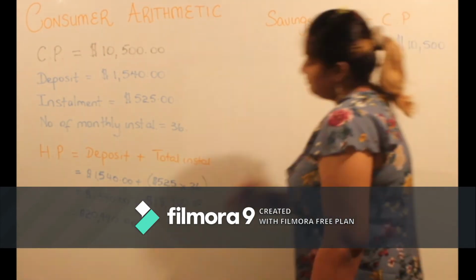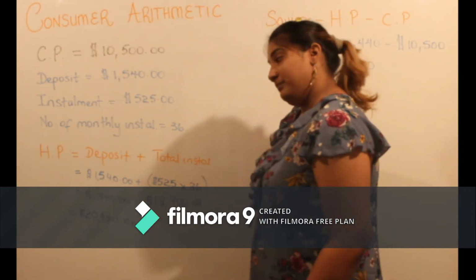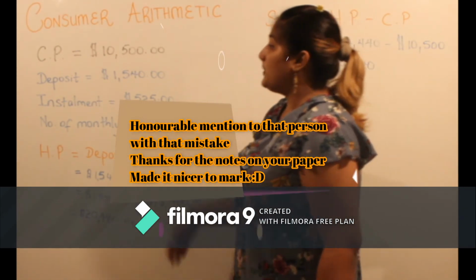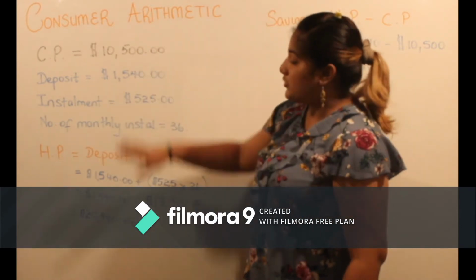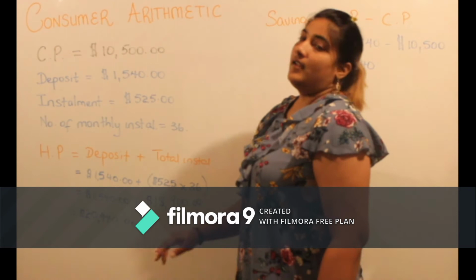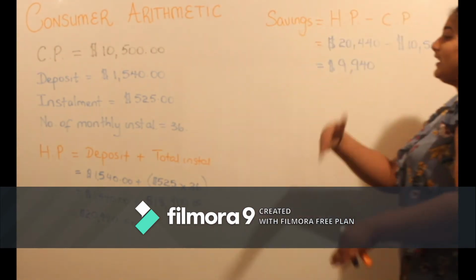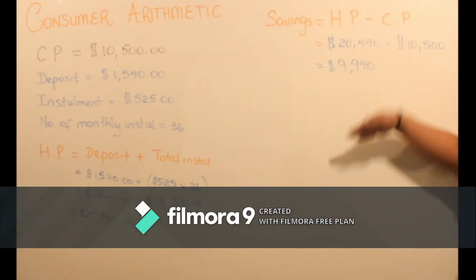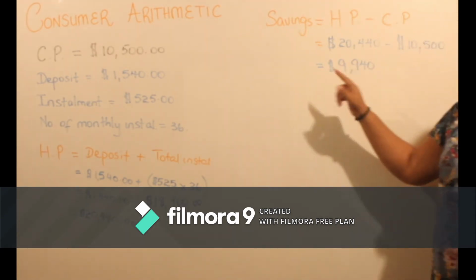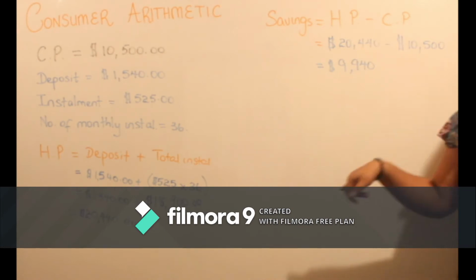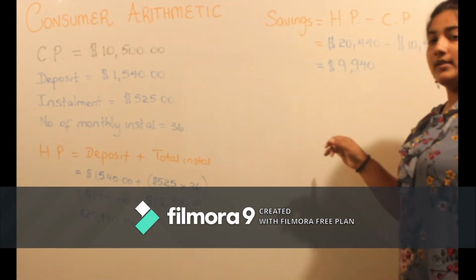For instance, a person who made a mistake with the hire purchase by adding back the cash price, because they used the incorrect hire purchase price throughout, would still be allocated the marks for the savings calculation. We're going to do this with the percentage profit.